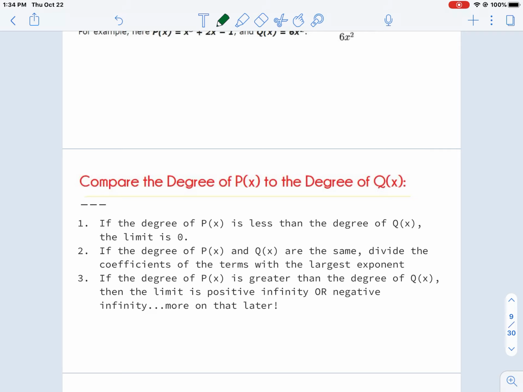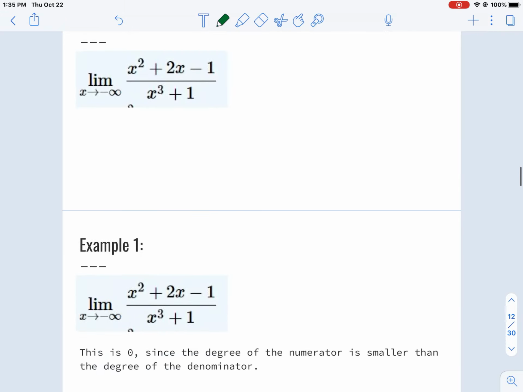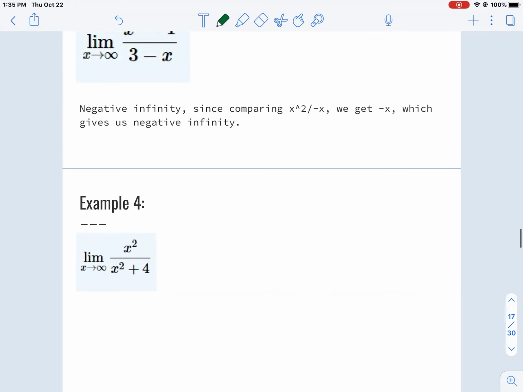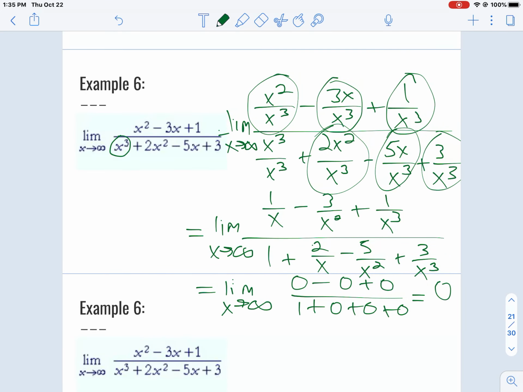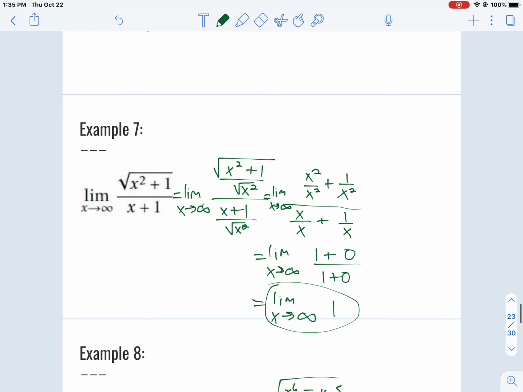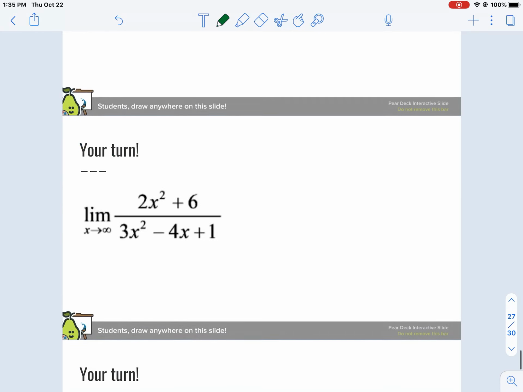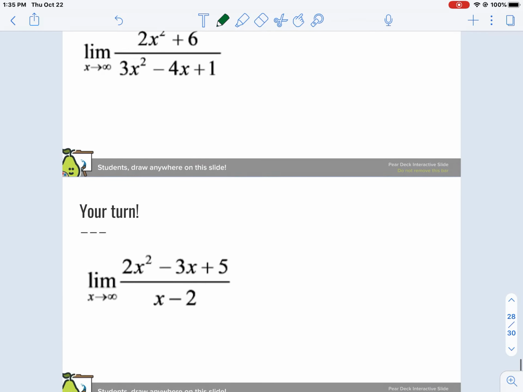The degrees are the same, I'm going to divide the coefficients of the highest degree terms. And if the degree of the numerator is bigger than the degree of the denominator, it's going to give me positive or negative infinity, okay? So you should remember these, and you should be able to show why each of those work, which is what we just went through, okay? That limit goes to 0. This one goes to a number, okay?